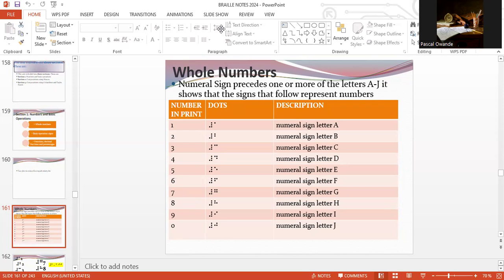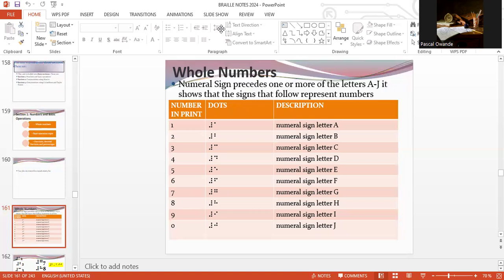Secondly, we are forming numbers from A to J. So A to J is where we are going to form the numbers 1 to 9 and finally number 0. 0 is a number in mathematics Braille.